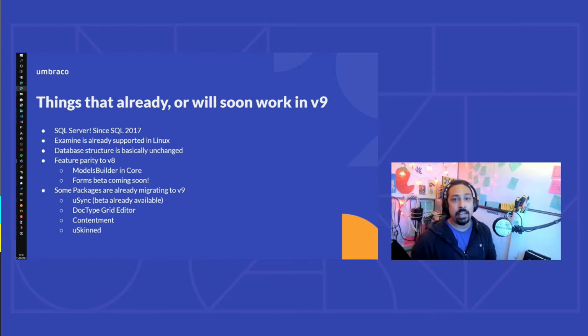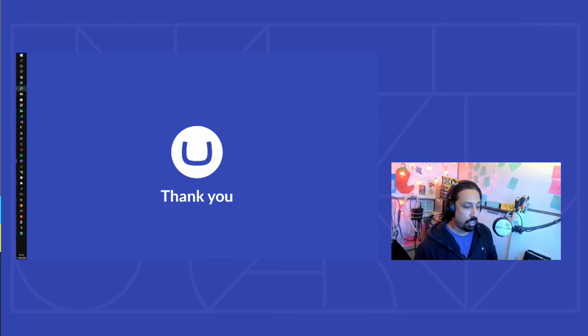There's Umbraco Sync, the amazing package which has won best package overall, very well deserved to Kevin for that one. The doc type creator is not far away. Contentment is not far away. Uskind is in development, and I believe also Plumber is in development and not far away from beta 2. So packages are coming. It's a great time to jump on and try version 9, and I'm actually quite a lot early.